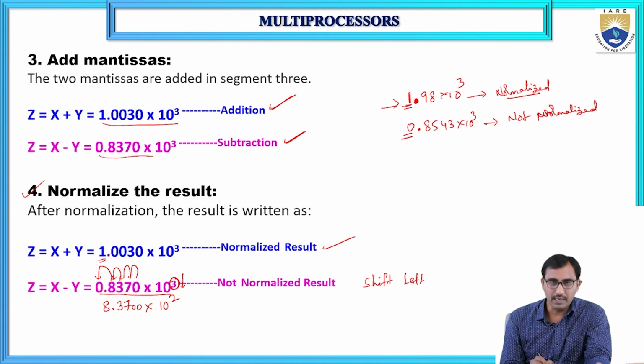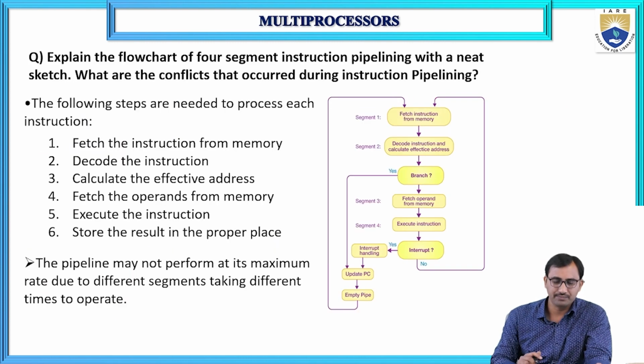So 3 becomes 2. So it is normalized, because before the decimal point we have a non-zero value, and that non-zero value is not followed by any leading zeros. So in this way we can perform arithmetic floating point addition and subtraction.